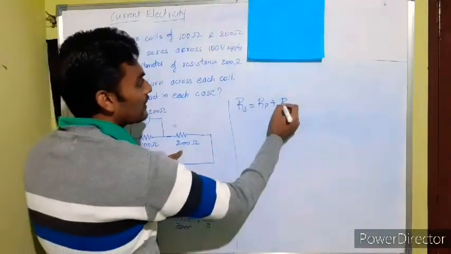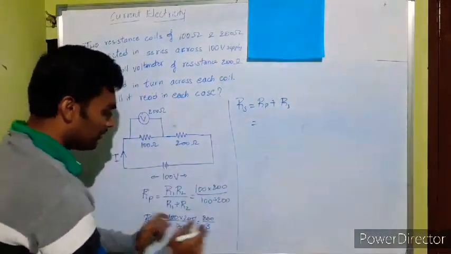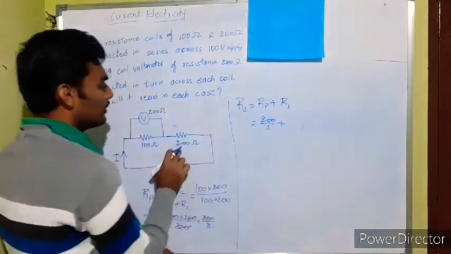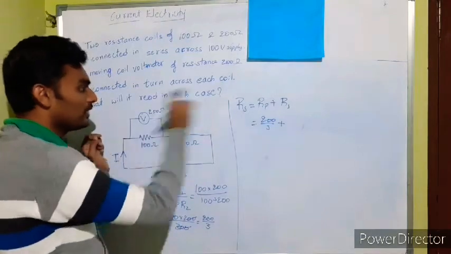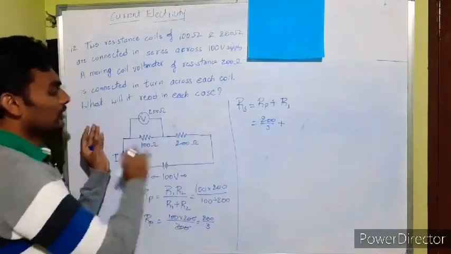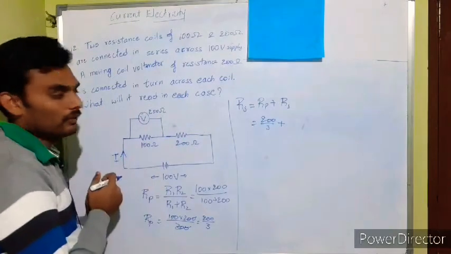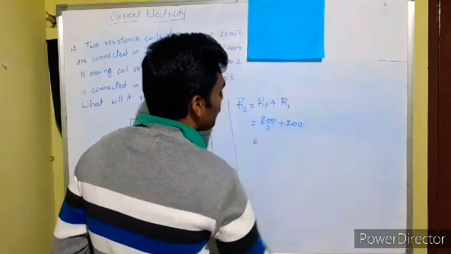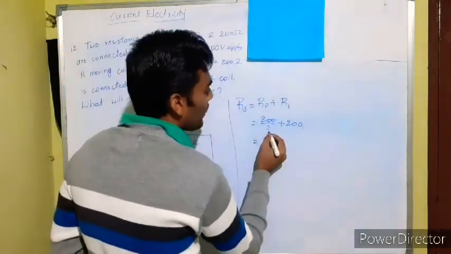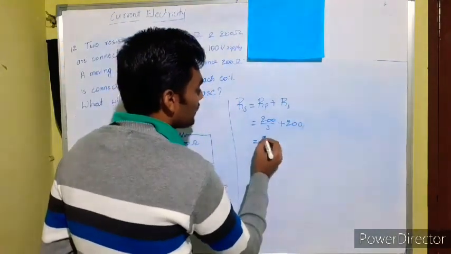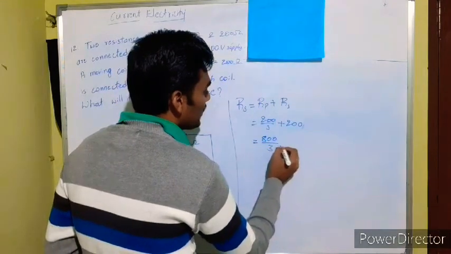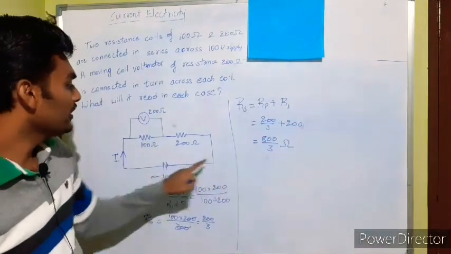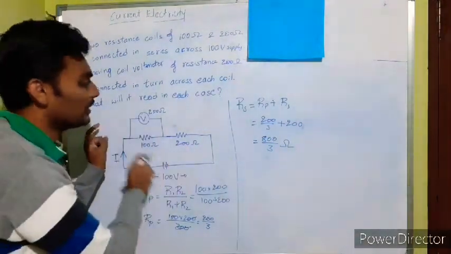If I call that R3, then Rs is 200 by 3 plus 200. Now this will give me the total resistance of the network. Take the LCM. So it is 200 plus 600 by 3, which is 800 by 3 ohm. Okay, 800 by 3 ohm is the resistance of the entire network.